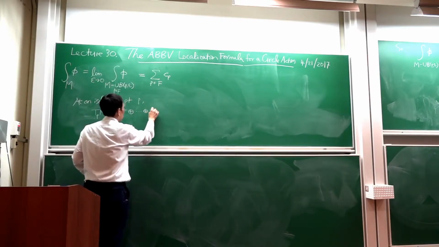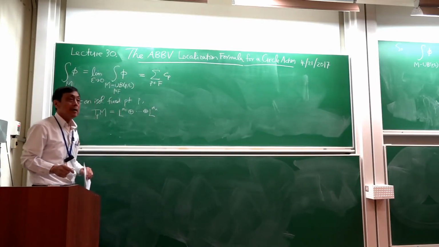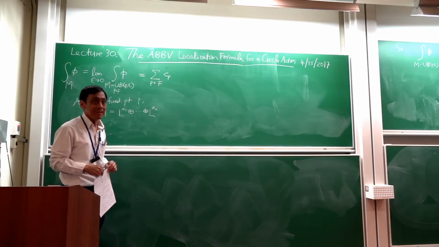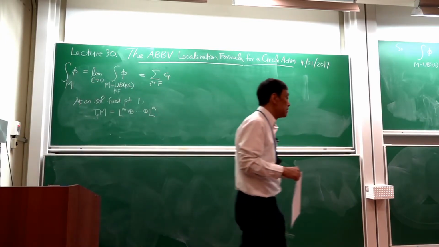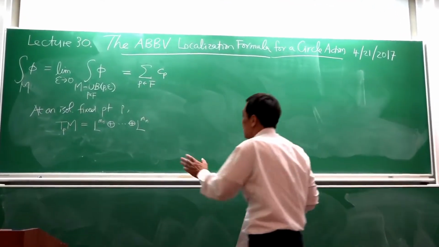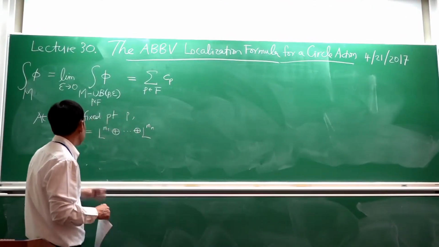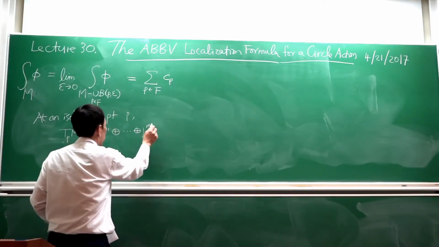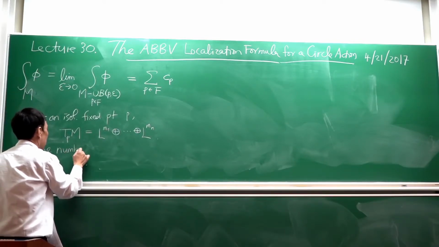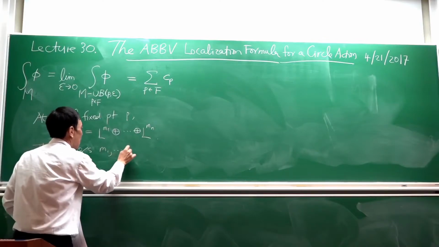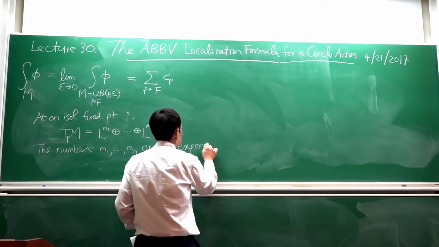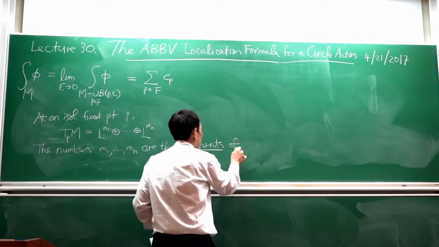So the tangent space is a direct sum of n two-dimensional representations. Because the irreducible representations of a circle are either one-dimensional, which are trivial, or two-dimensional, which are powers of the standard representation. And so these numbers are called the exponents of the fixed point.